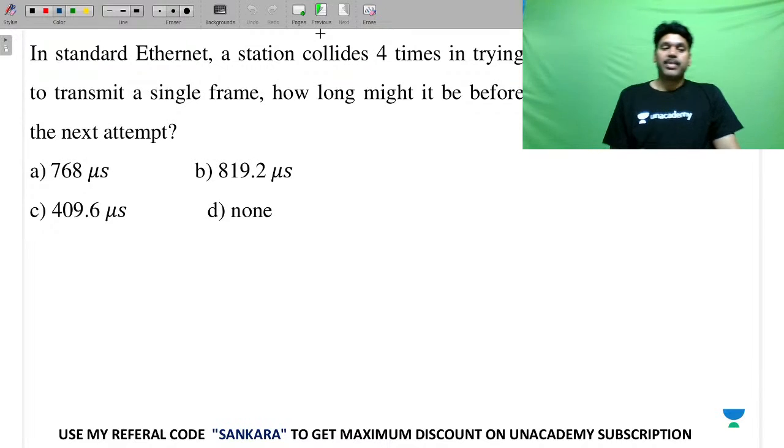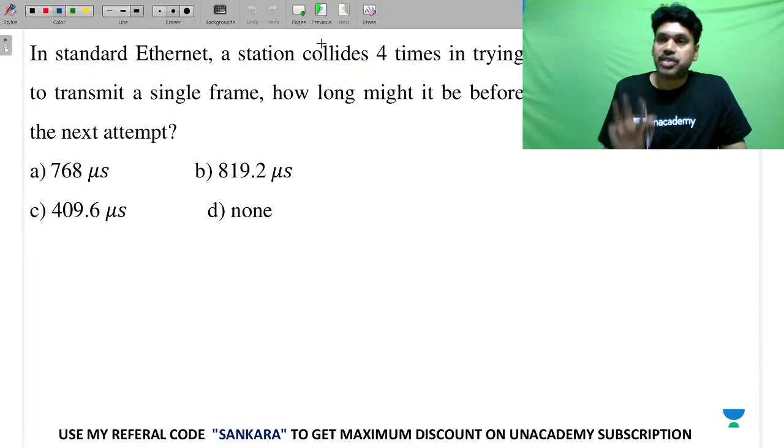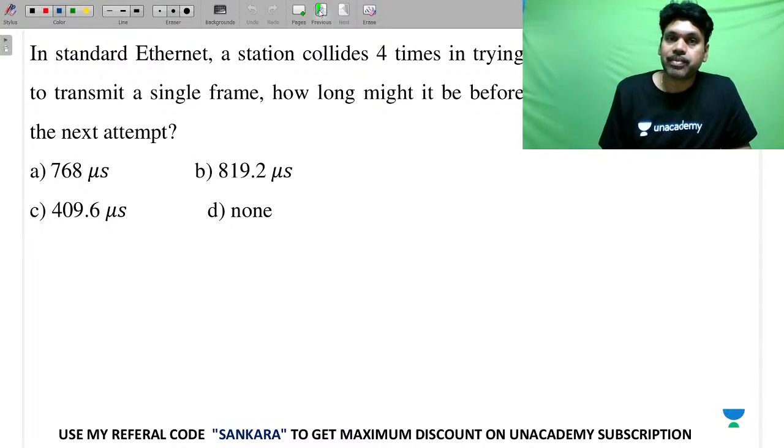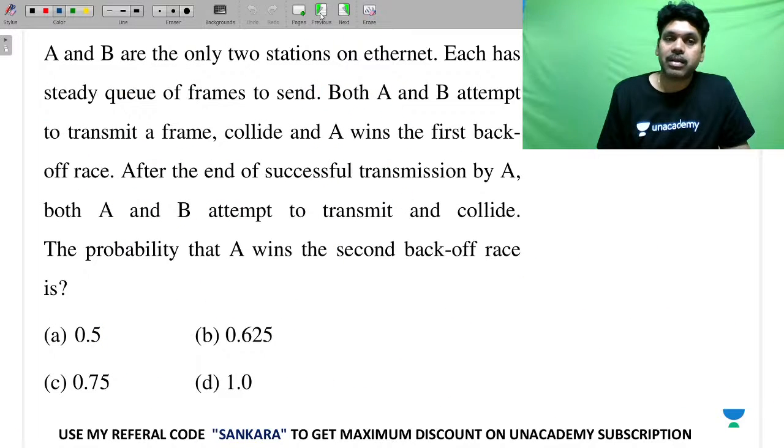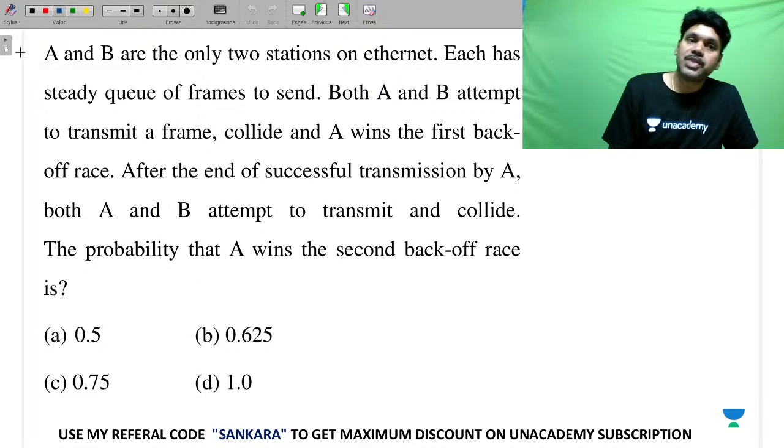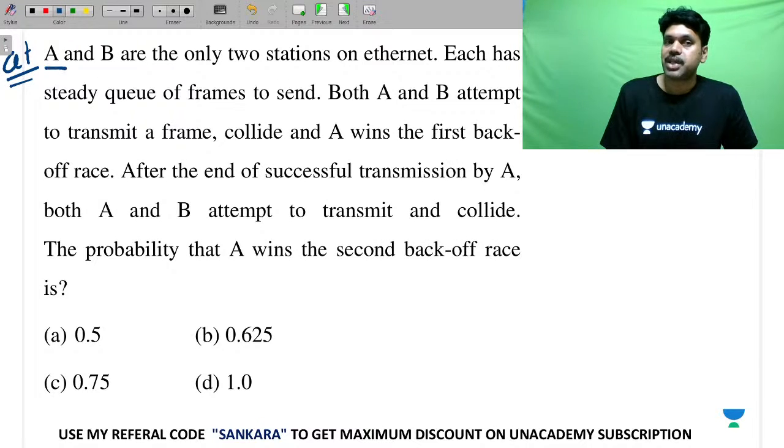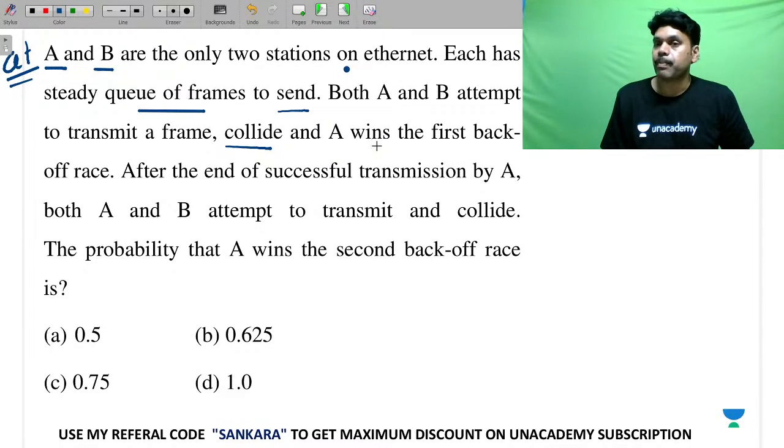So let us start. 3 questions I want to discuss. The first question is one of your previous GATE questions. Station A and B are ready to send frames and they collide for the first time.